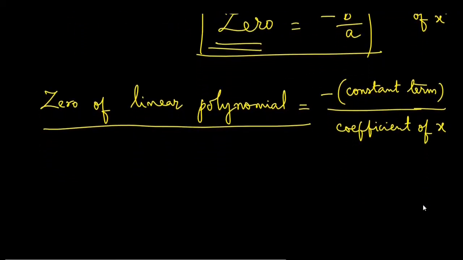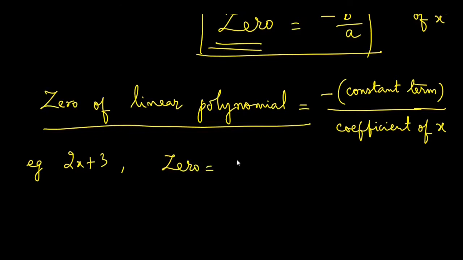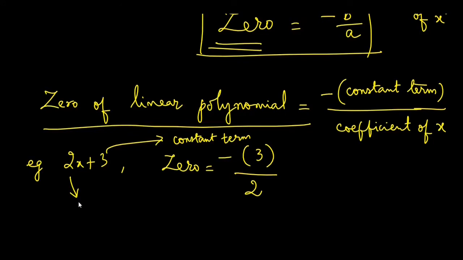So for our example we have taken 2x plus 3, 0 is minus of 3 by 2. This is constant term. This is coefficient of x.